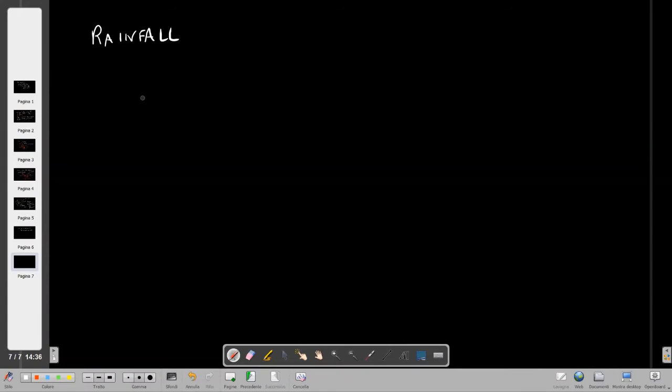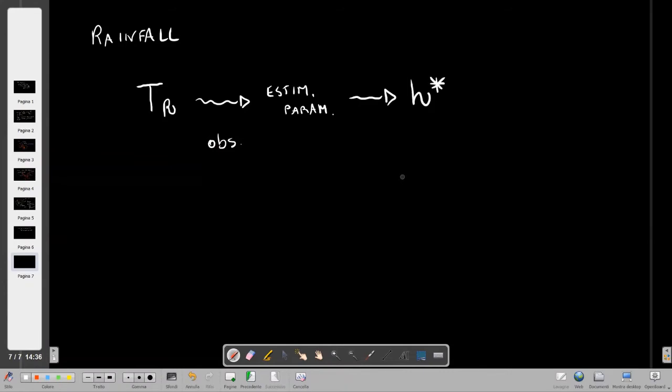The approach is exactly the same. We start from a return period, we use observations to estimate parameters, and then we evaluate the hydraulic load, in terms of H, in terms of the so-called rainfall depth.